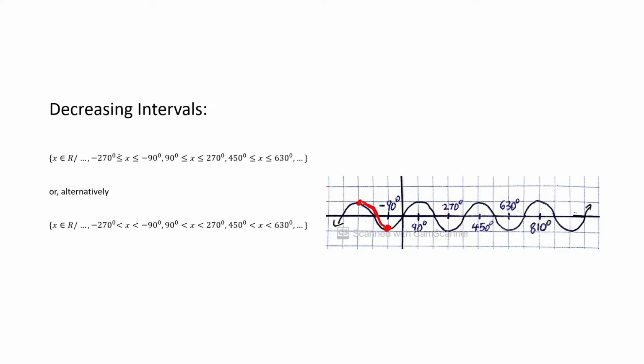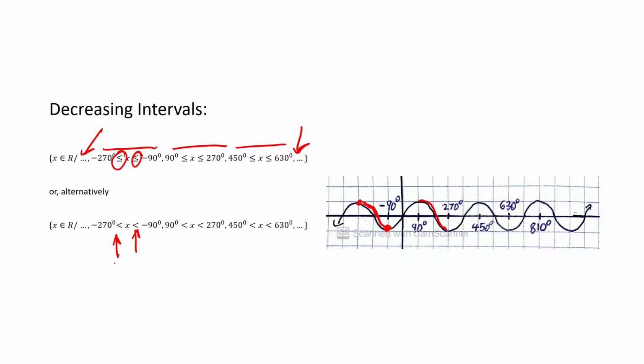And so we could put the less than or equal to signs, or as your textbook does, the less than signs. And again, very similar to the situation we just dealt with for the increasing intervals, we want to establish a pattern. And so putting 3 of these intervals really helps solidify what that pattern is, and putting a dot, dot, dot on the left and the right is an appropriate way to go.